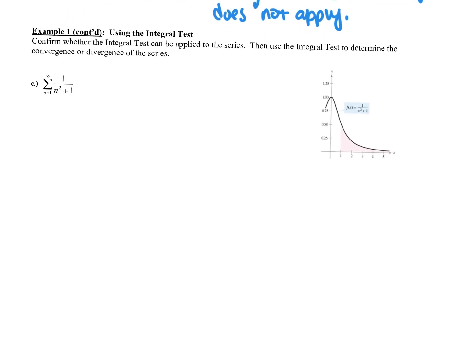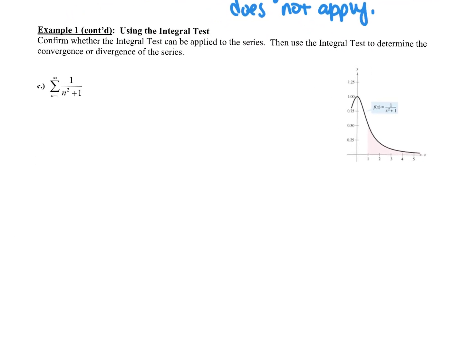Okay, so let's do one more example here. We'll confirm whether the integral test can be applied, then use the integral test to determine convergence or divergence. So we'll start with checking out f, and we will look at 1 over n squared plus 1. We'll check to see if it's positive, which the denominator here will be positive because of the square.